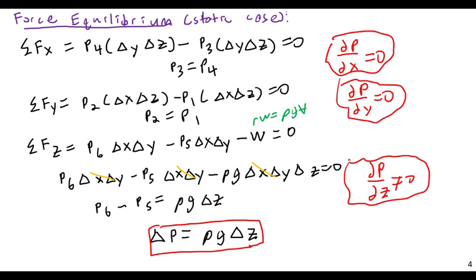So in other words, in a static fluid, pressure changes only with depth. You can move horizontally. By that I mean you can move left, right, forward, and back, and the pressure you measure will not change in that fluid. However, if you change your height, the pressure will change.